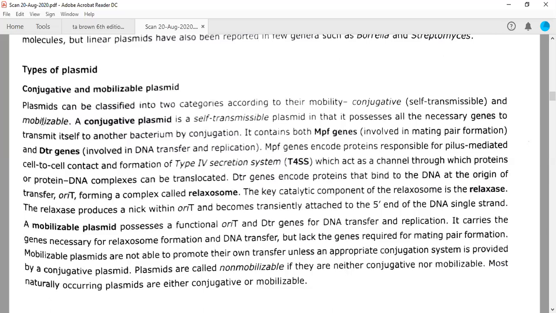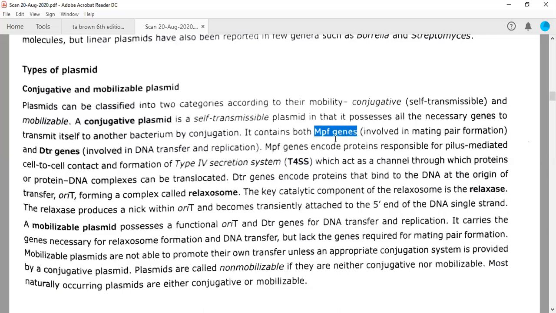Conjugative plasmid is the kind of plasmid, like the F plasmid, which helps bacteria transfer genes from one bacterium into another. It possesses all the necessary genes to transmit itself from one bacterium into another by conjugation, because it contains certain genes, for example, MPF for mating pair formation. So this will help in the formation of the mating tube or the pilus between the two bacteria.